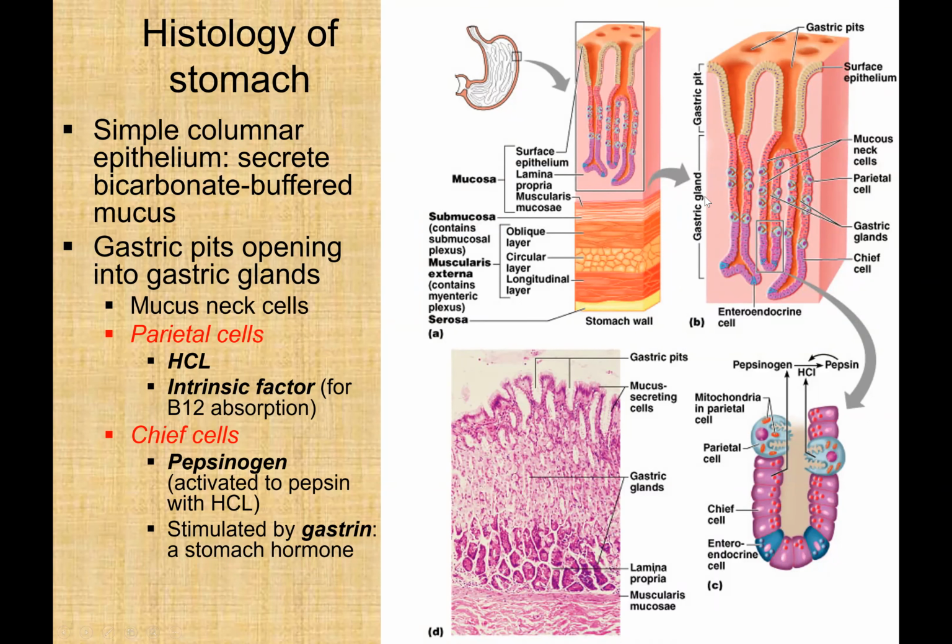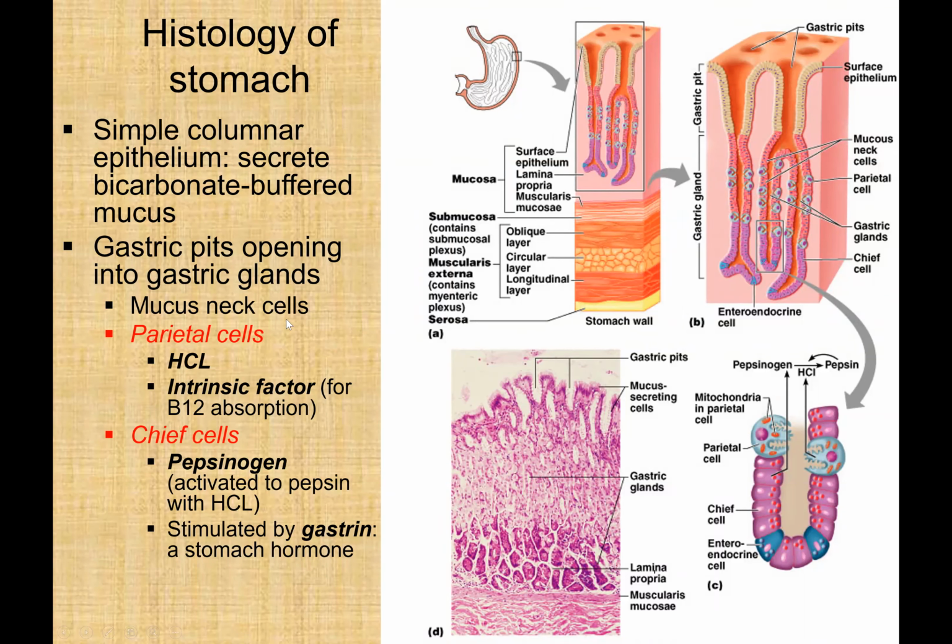You can see this is the parietal cell, which secretes HCl that will be released to the surface. This HCl will convert the inactive pepsinogen to active pepsin, which works on the protein aspect of digestion. And then these are enteroendocrine cells.